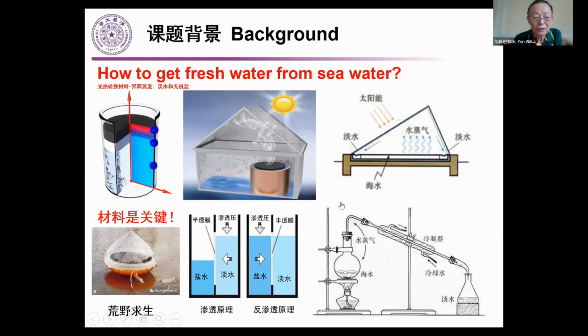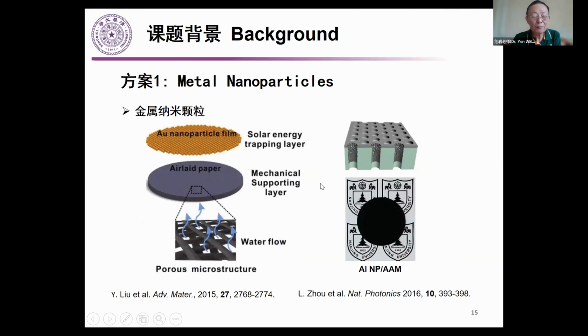In this case, of course, this piece of material is extremely important. All right, so people realize how important this topic is. There are at least hundreds of papers published. Use this material, one type of material is metal nanoparticles, particularly like gold nanoparticle assembly. So this gold assembly can absorb almost all the sunlight. Okay, and then release heat and to get water.